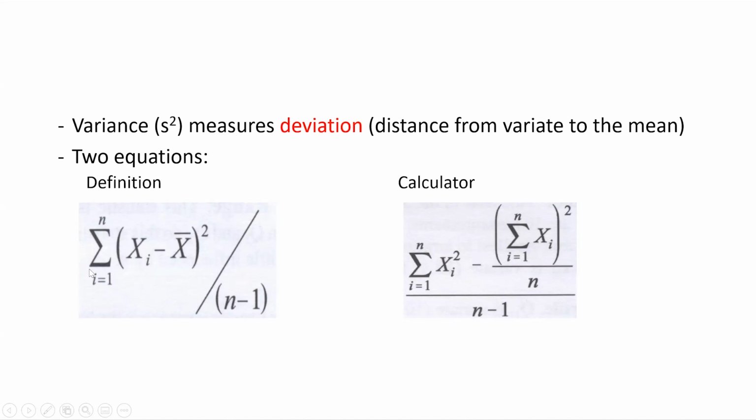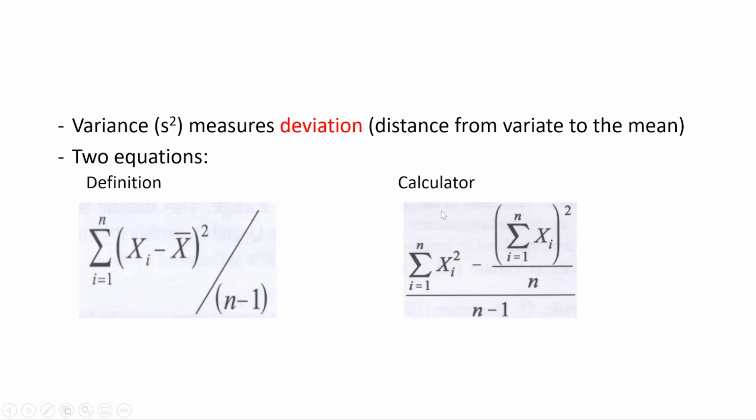And you'll hear that a lot. We divide the sum of squares by something called our degrees of freedom, which we'll discuss more in the future. But degrees of freedom, in most cases, is just your sample size, n minus 1.